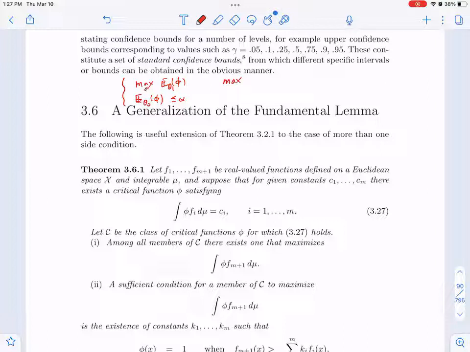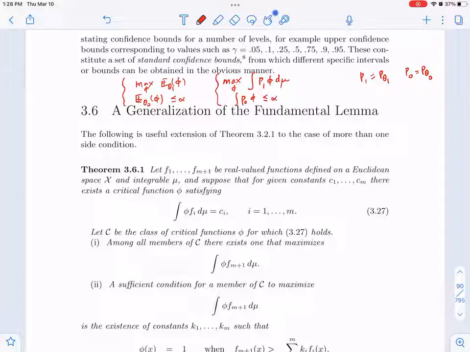So I'm maximizing over phi the integral of P1 phi d mu, where P1 is the distribution under theta 1, and P naught is the distribution under theta naught, and mu is the underlying measure, subject to the integral of P naught phi d mu being less than or equal to alpha.